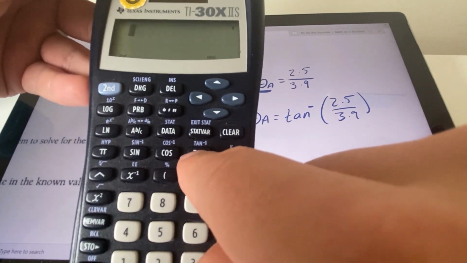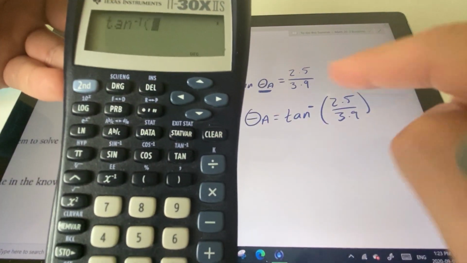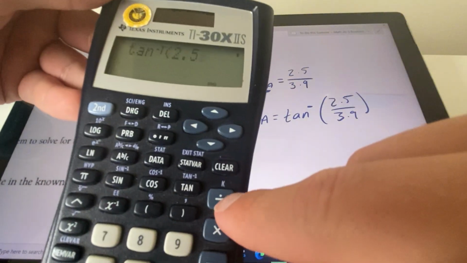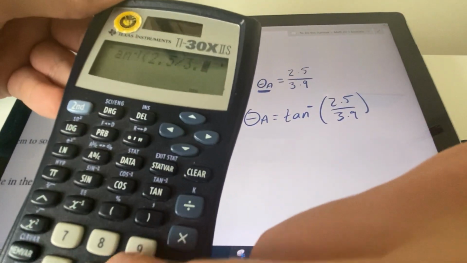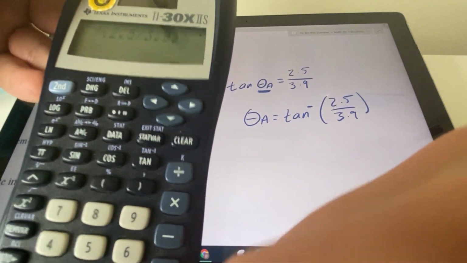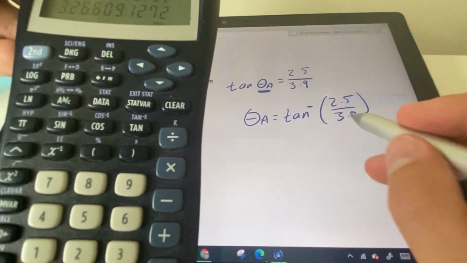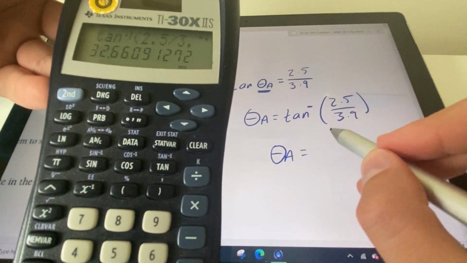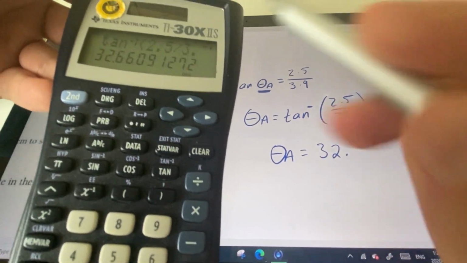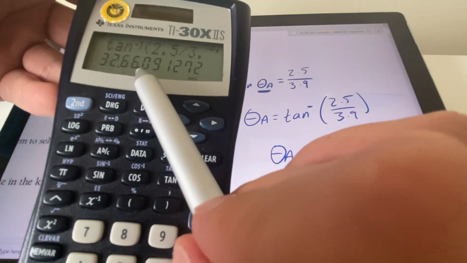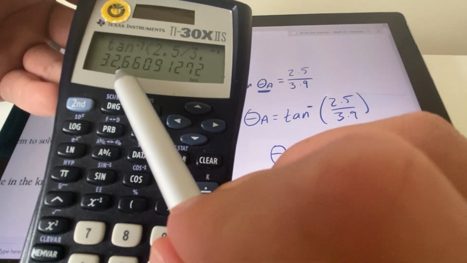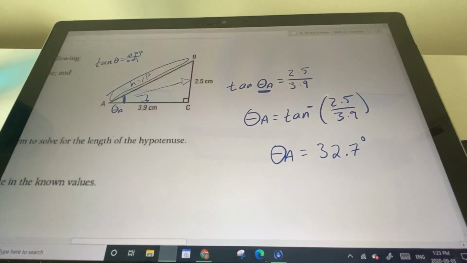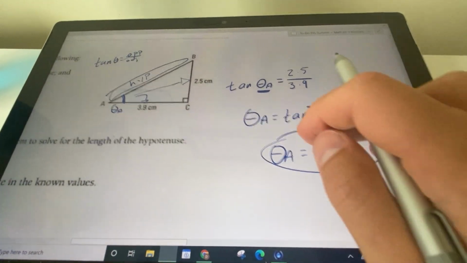So if we press tan -1 here, we can plug in 2.5 divided by 3.9. And that's going to give us the angle of angle A, which would be 32 point, and I'm going to round this up to 7, okay? This number is greater than 5, so this is 7. 32.7 degrees, okay?